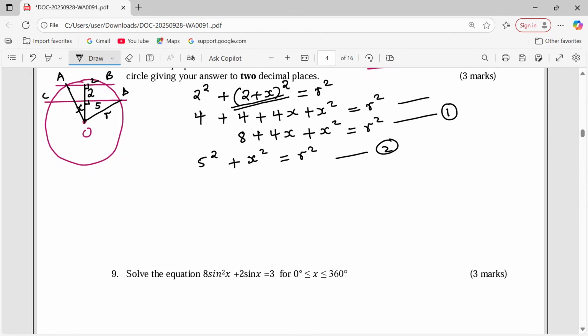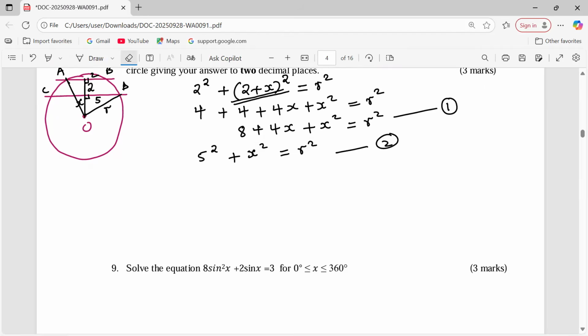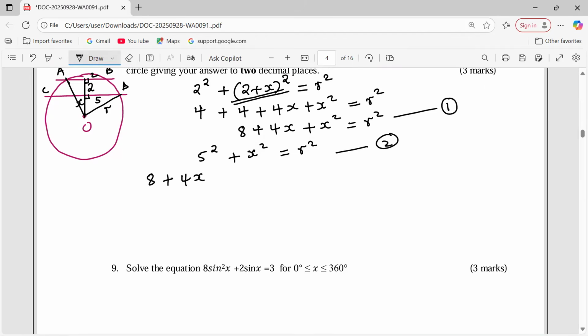And they are both giving us r squared, meaning that we can equate the two. If r squared equals that and also r squared equals this, then 8 plus 4x plus x squared equals 5 squared, which is 25, plus x squared.